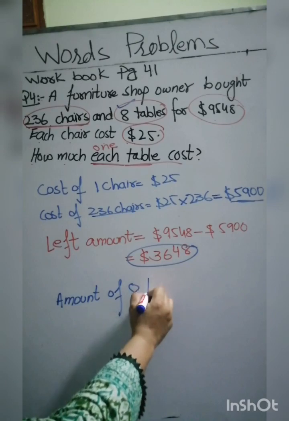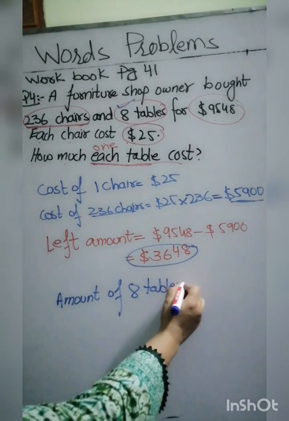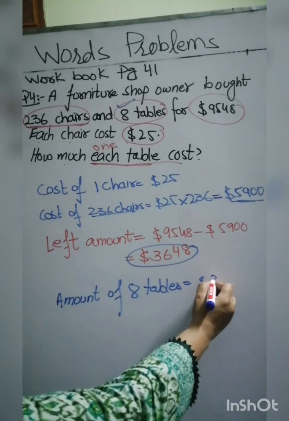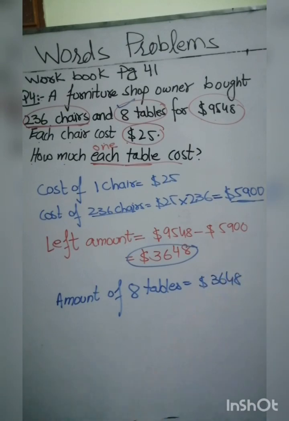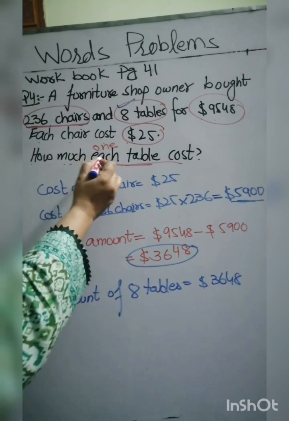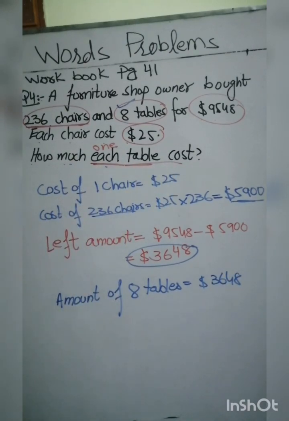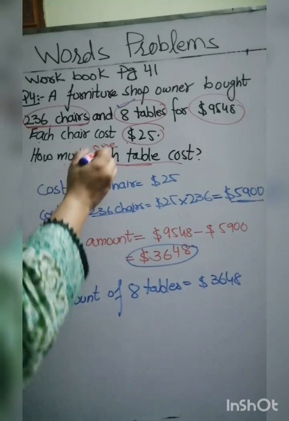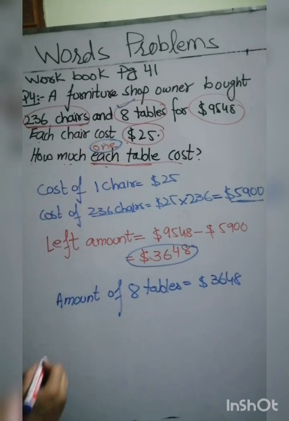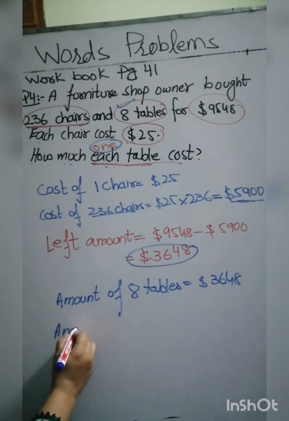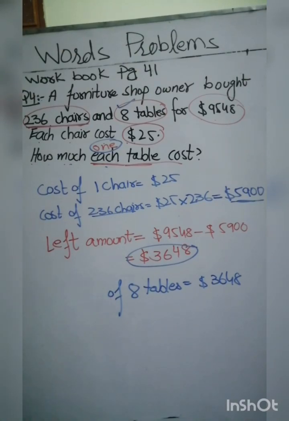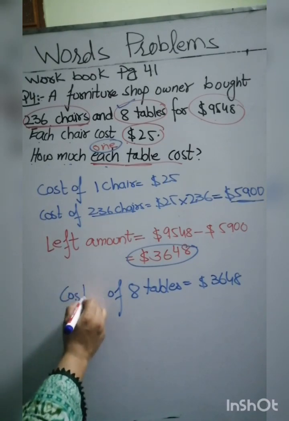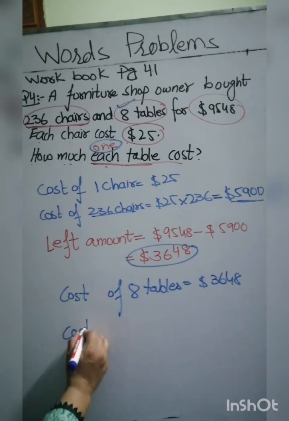Amount of 8 tables is equal to $3,648. How much does each table cost? We finally find out the amount of one table. Amount, or in other words cost, these are the same words, doesn't matter whichever we use.